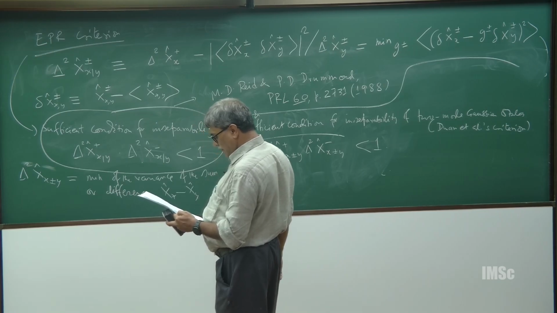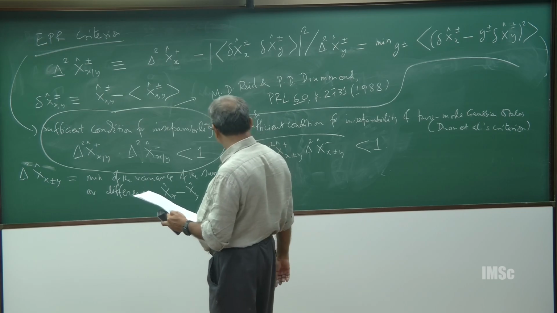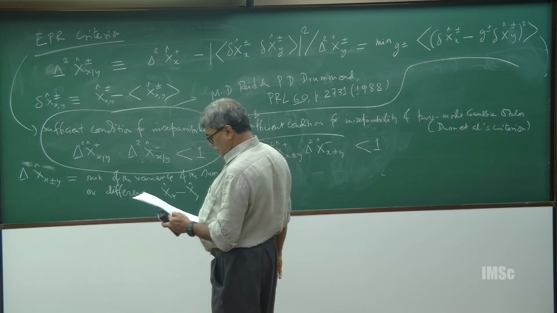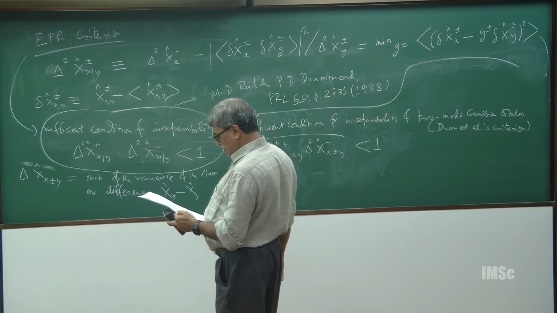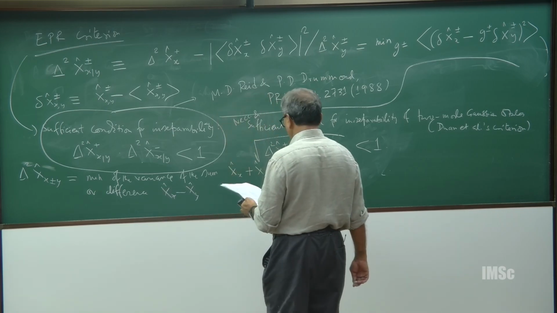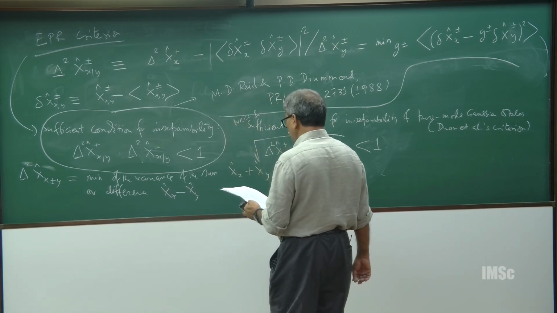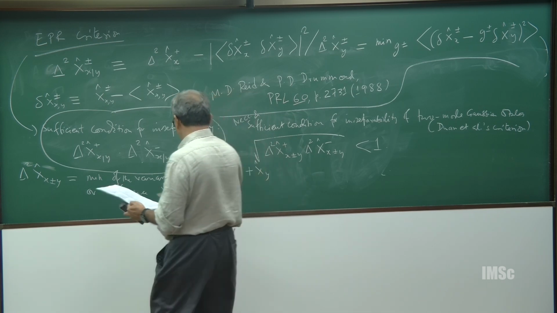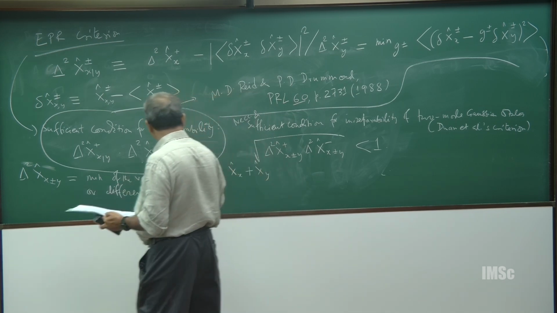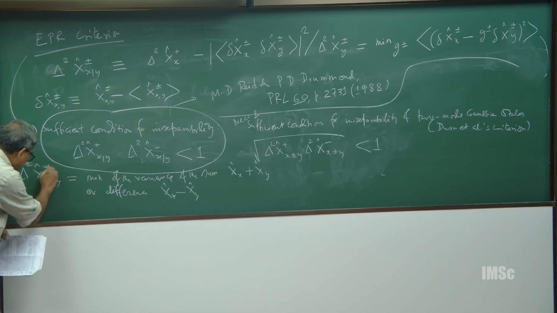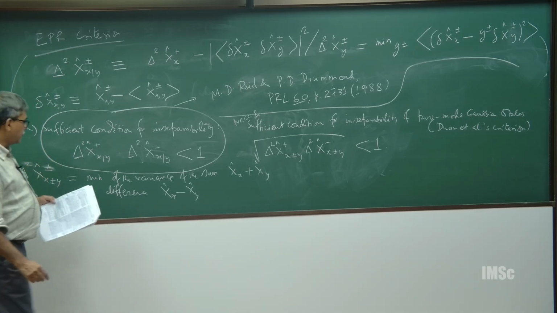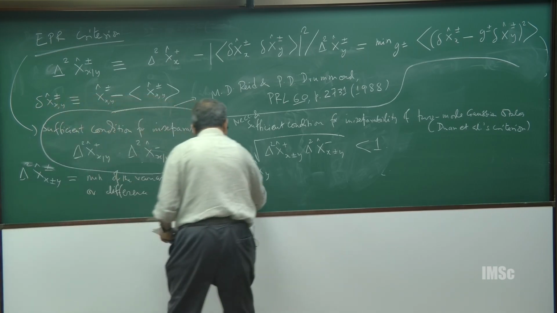So this should actually be the sum or difference of the operator x between the beams. Here it is a bit tricky, so I will put x plus minus.